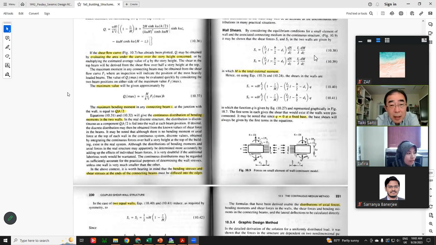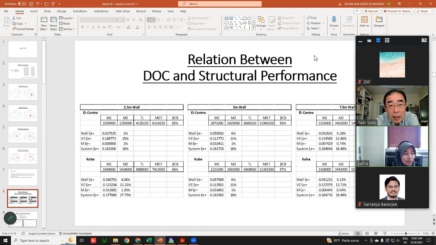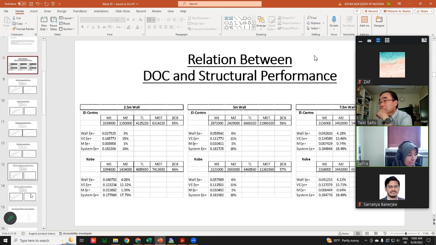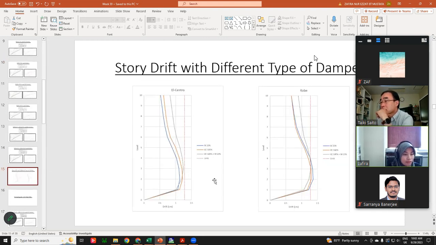Last week, we tried to understand the relationship between the degree of coupling, the energy dissipation, and the performance of the building. So we know that from the result here. This is a different type of damper.